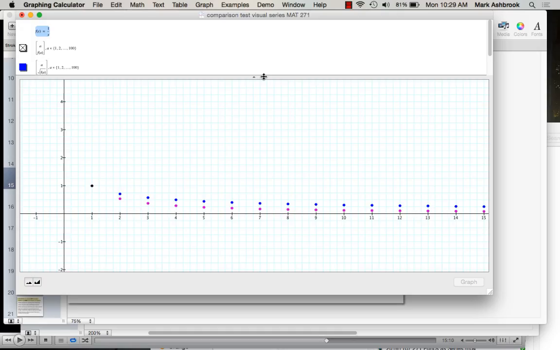So now I'm showing you a new one here. Convergent or divergent? So I know the y values of the blue points sum up to infinity. What about the y values of the pink points?